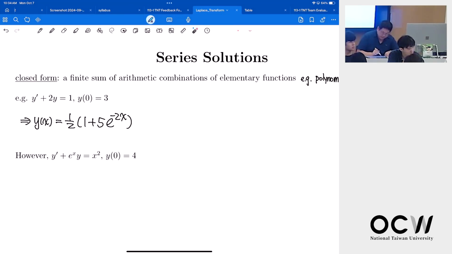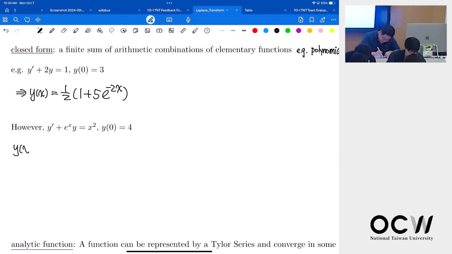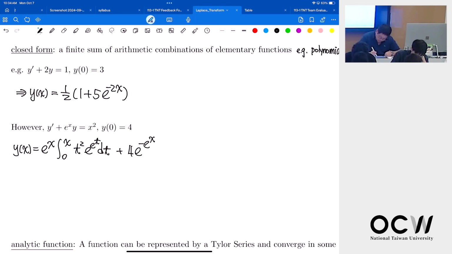But in this case, we can also find the solution, and here is the solution. e to the x, and then we have an integration, and apparently this is not in closed form.